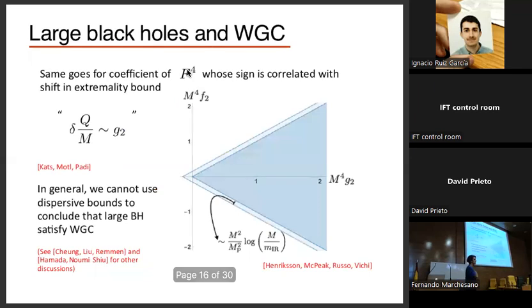Okay, and unfortunately, the same thing holds for the 4-photon interaction. So there's this famous relation I didn't write in detail here about the shift in the extremality bound that would allow large black holes to be the kind of candidate states that help us in satisfying the gravity conjecture. And there's several arguments for why this shift should be positive.